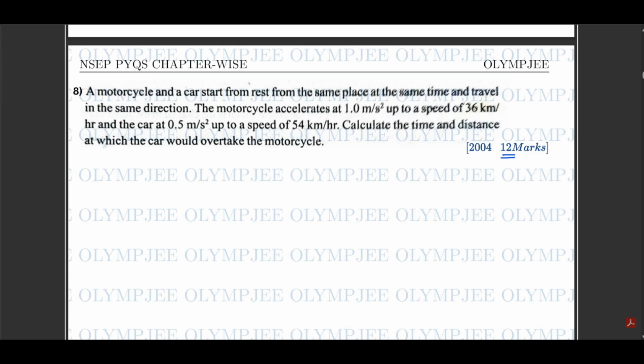So this means that after the motorcycle achieves a speed of 36 km per hour, it travels with constant speed of 36 km per hour. And same for the car. The car travels at acceleration 0.5 meter per second square up to a speed of 54 km per hour. Calculate the time and distance at which the car would overtake the motorcycle.